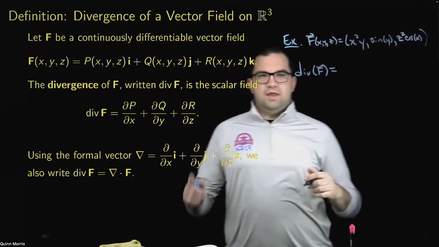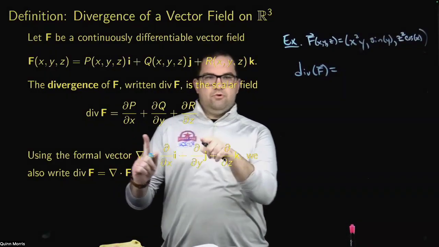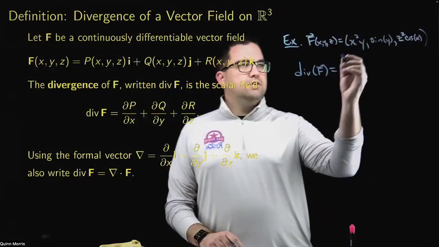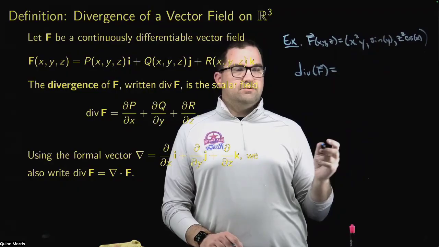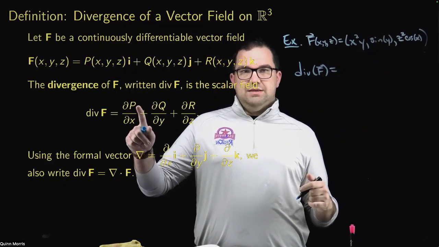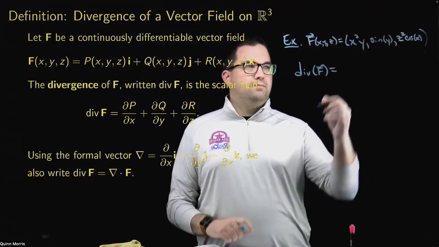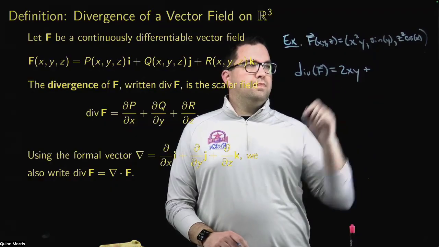So we could very easily compute the divergence of F here. Now, remember here that the divergence of F is a scalar field. So I'm going to add these things together and get some scalar function back. I'm first going to take the partial derivative of the first component with respect to the first variable. So dP/dx, that's the first component and the first variable, and that would just be 2xy.